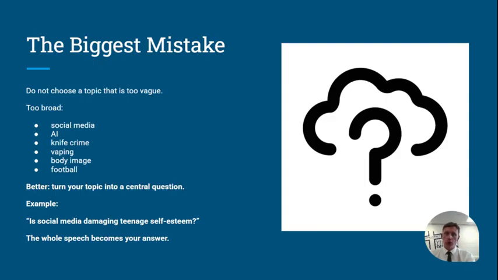A strong question gives your speech a sense of direction and focus. It also narrows the focus of the speech, so it's much more achievable in 5 minutes. And by extension, if you pose this question, the rest of your speech doesn't write itself, but it's easier to structure, because the rest of your speech is in effect the answer to the question you pose at the beginning.